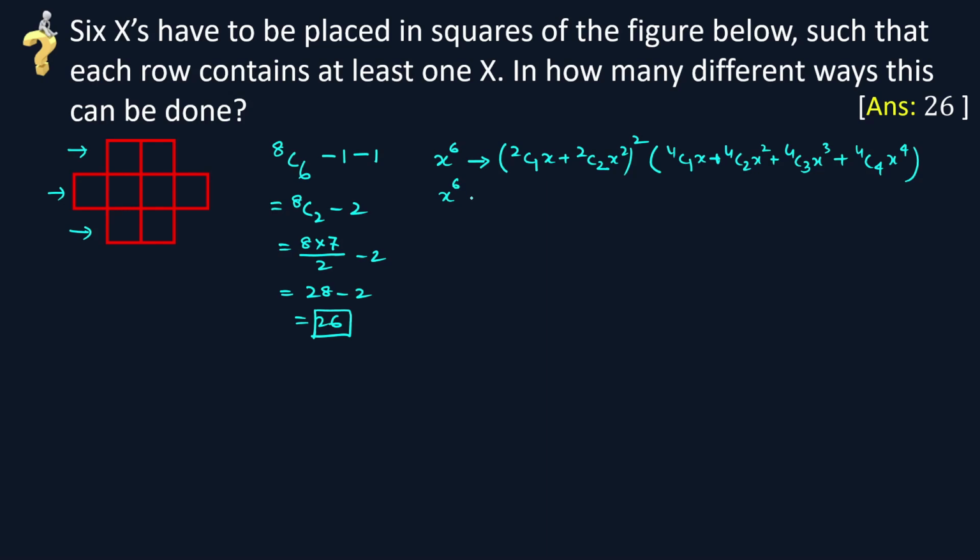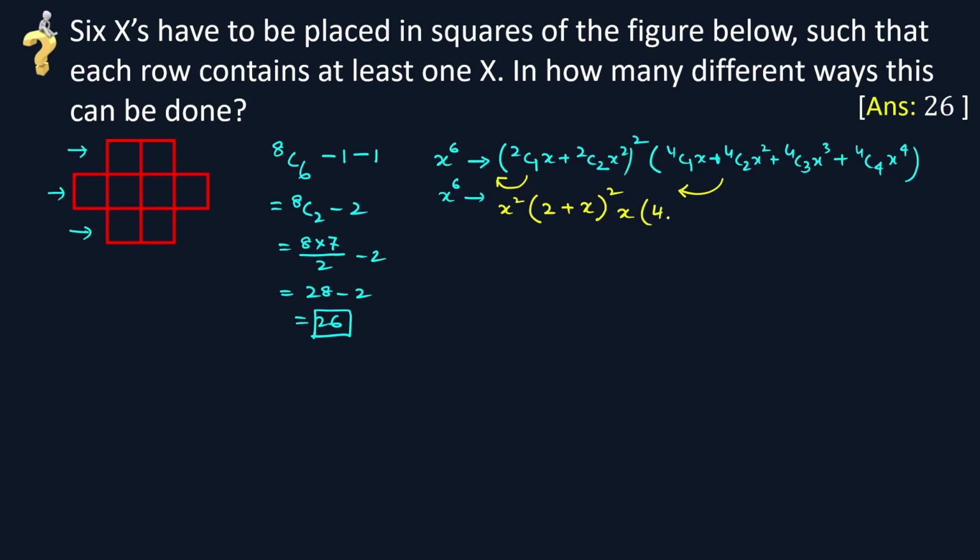We have to find out the coefficient of x to the power 6 in the expansion of, let me take an x common from here and an x common from here. So from here it will come x squared outside. We are left with 2C1, that is 2, plus 2C2, that is 1. So it is x, whole squared, and x is coming outside from here.